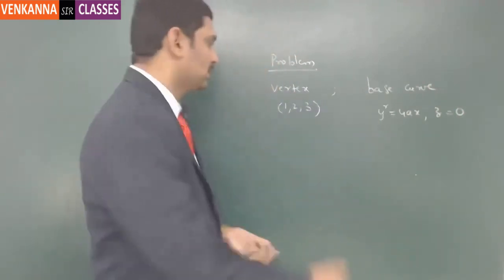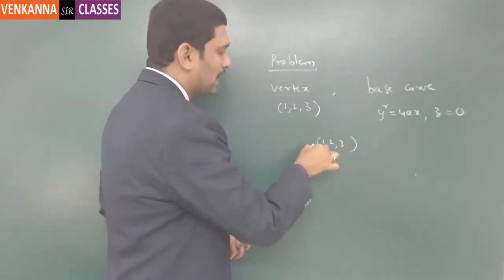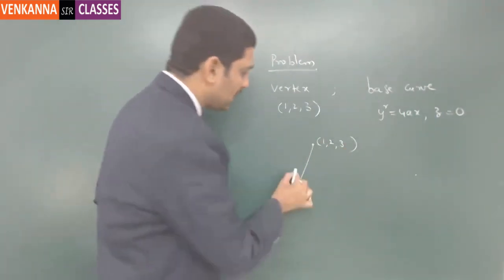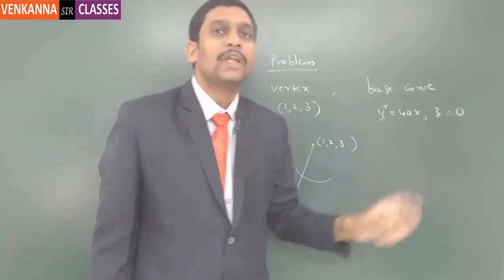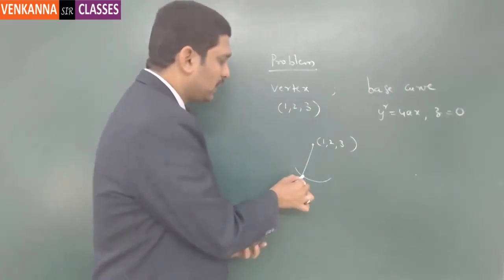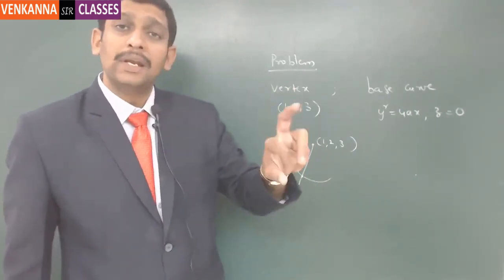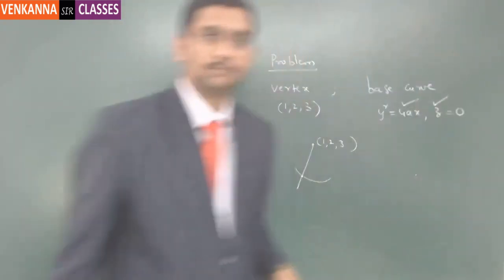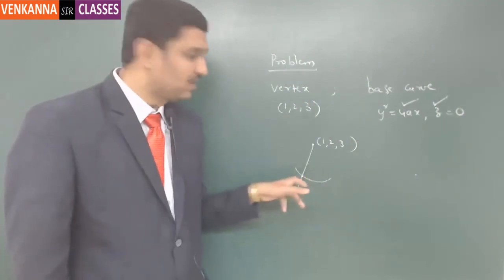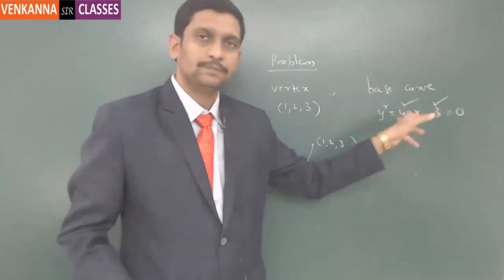So in other words, at the point 1, 2, 3, if you draw a straight line, this straight line is intersecting this curve. If you take any point on this curve, this point commonly belongs to both the things, because the curve is formed by means of the intersection of these two.